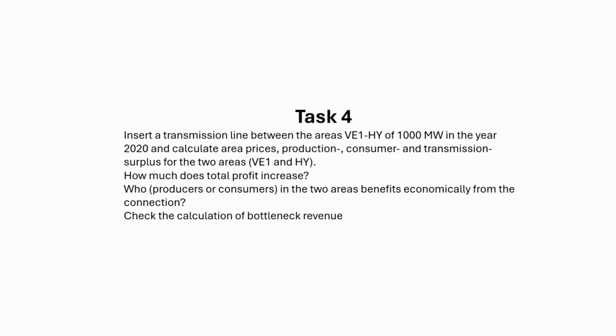We should then see how much the total profit increases for these two areas, and we should also find out who will benefit economically from having this interconnect between the two areas. And finally, we should calculate the bottleneck revenue.